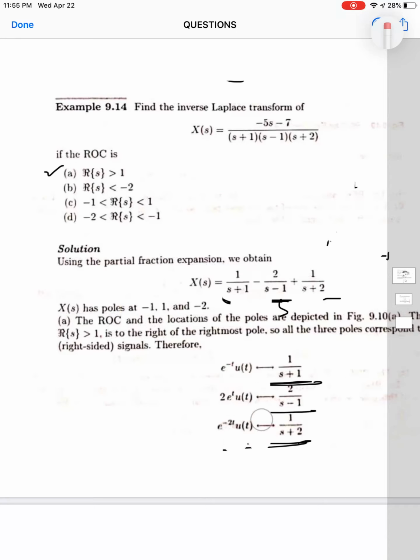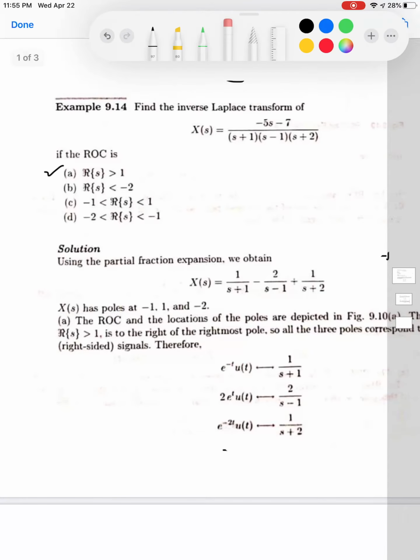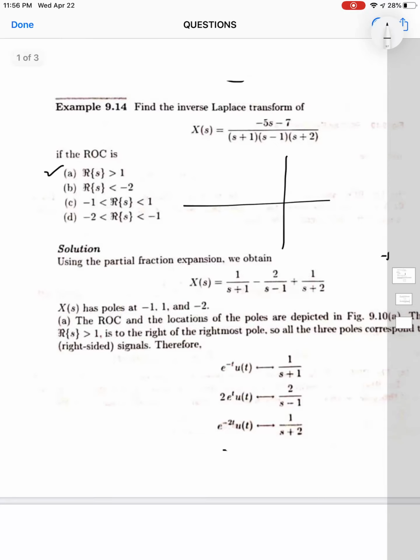Similarly you can calculate the inverse Laplace transform for the B part. In the B part, you see that the region of convergence is defined for less than minus 2. Less than minus 2 means in this s-plane, if you mark all the poles, minus 1 will come here, minus 2 will come here, and 1 will come here. Less than minus 2 part is this.